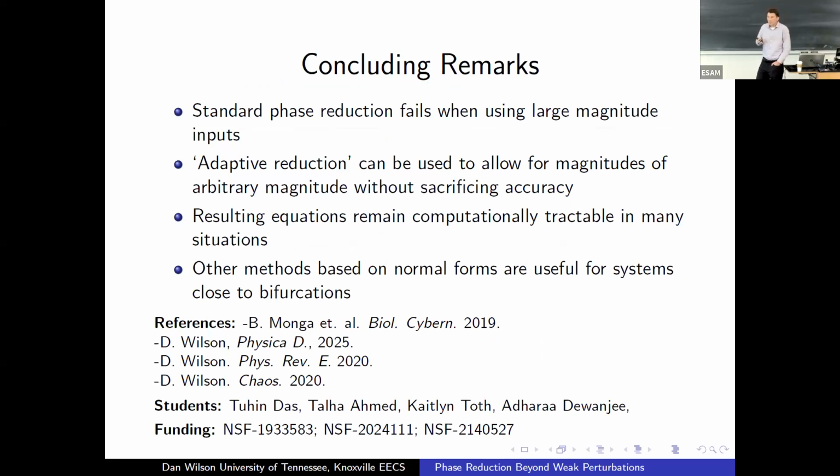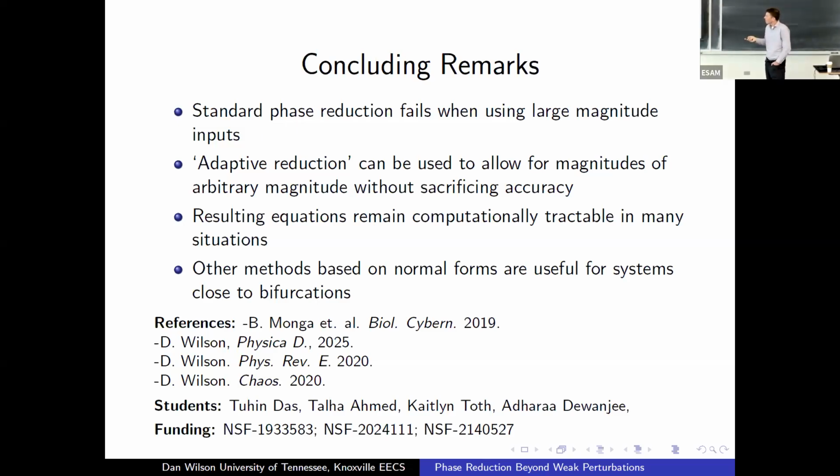Well, we can add more information about the amplitude coordinates to still get a reduced order model that performs reasonably well without sacrificing too much accuracy in the system. So I get something that's analytically tractable, or I can formulate a computationally tractable control problem to get results that I would not be able to otherwise if I was just working with the full order system.